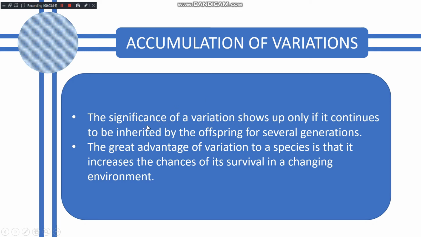The significance of variation. So what is the importance of variation? How is it helpful to any organism? The significance of a variation shows only if it continues to be inherited by the offspring for several generations. If these variations pass from one generation to another, then only will the variation generate a new species or evolution.